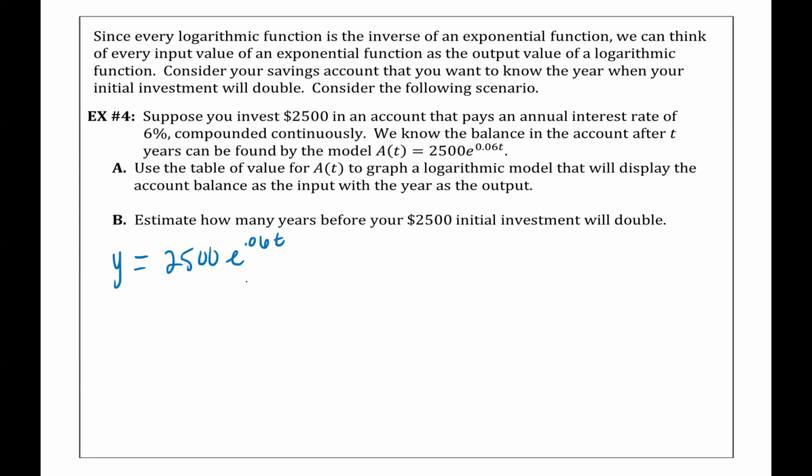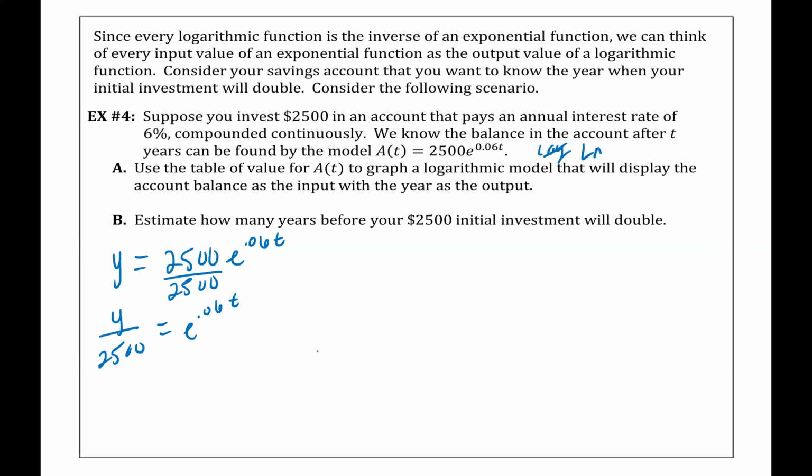What is the first thing I need to do to get the exponent by itself? Divide by 2,500. So now we have y divided by 2,500 equals e to the 0.06 t. All right. We have to take the log, but e is special. It's ln. So remember with e, you don't use common log, you use natural log.